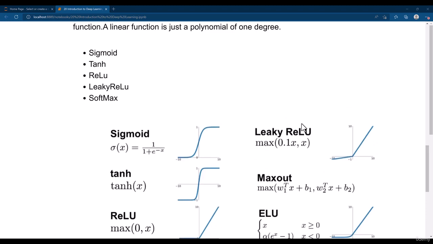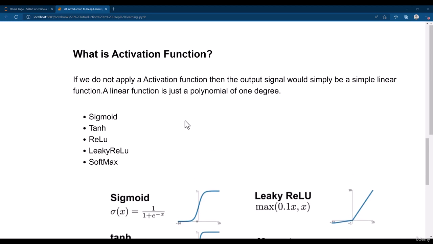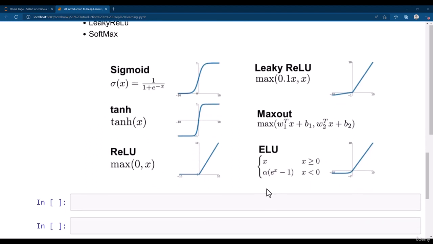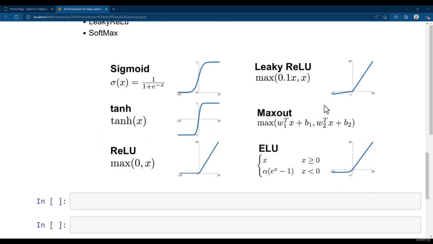This type of algorithm gives you a very small output so that you can get the gradient, and so you can get the learning of your deep learning model even when the input to the activation function is negative. So you see there is a small difference. It is 0 in ReLU, but this one is not 0. There is just a small number there, 0.1x.